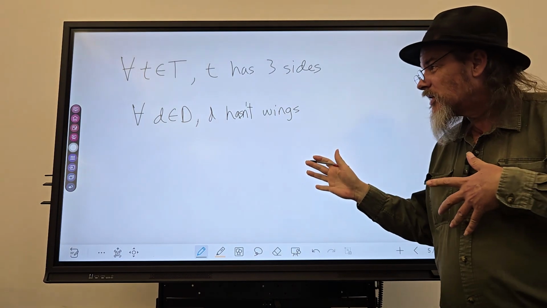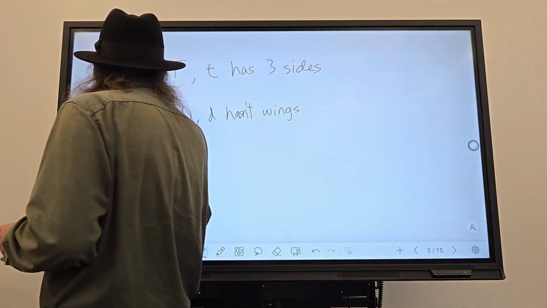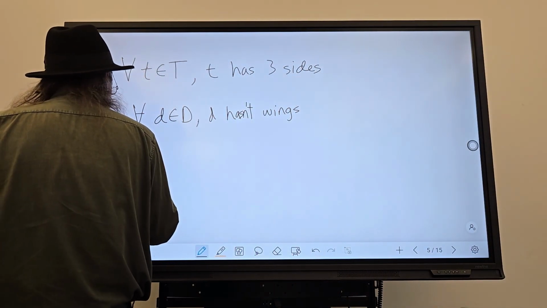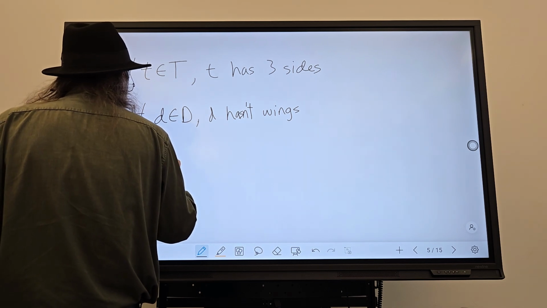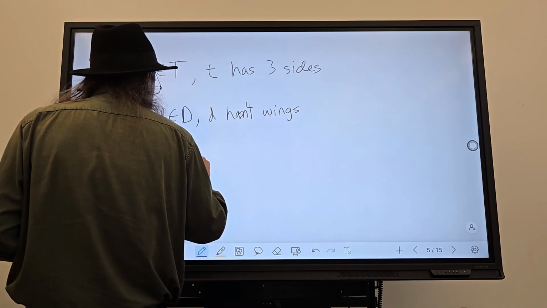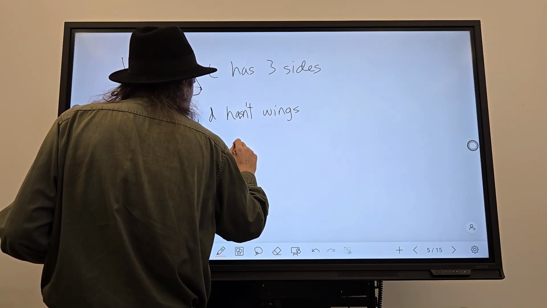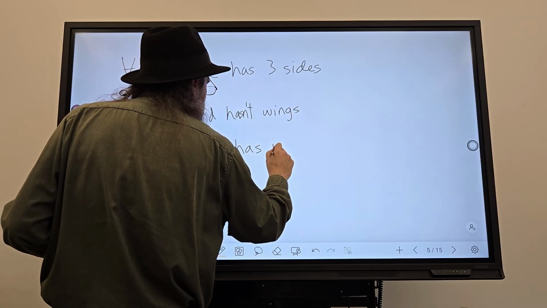Anyway, there's another way to express this as well, with the same result. There exists a dog, element of dogs, such that the dog has wings.